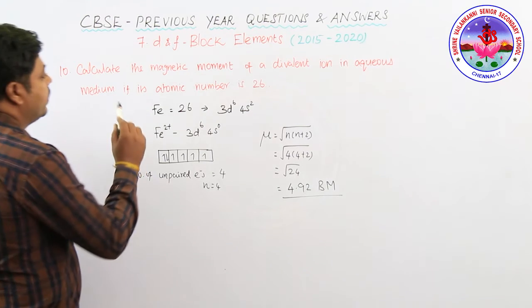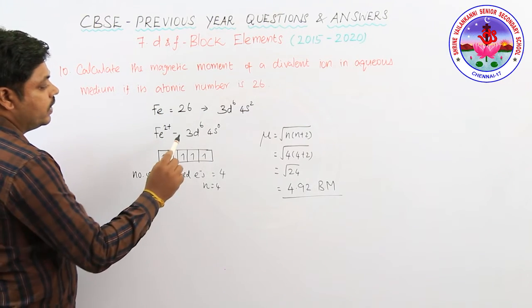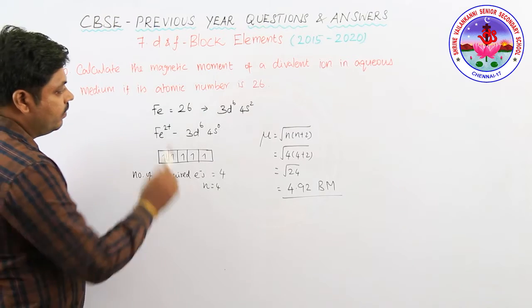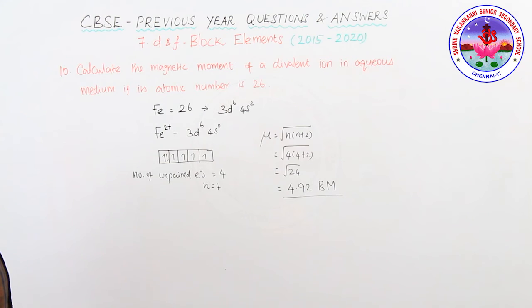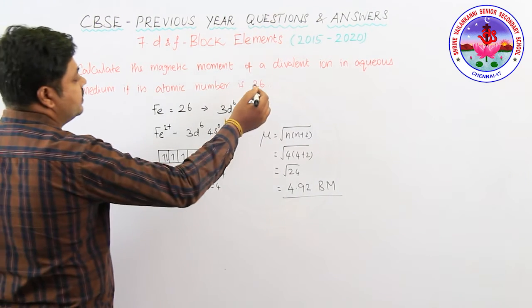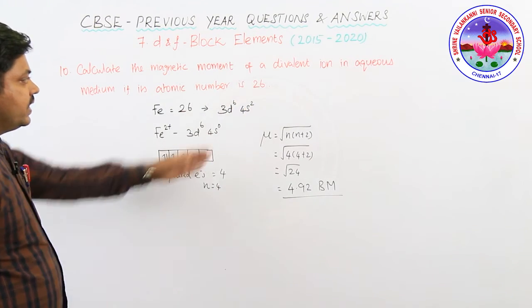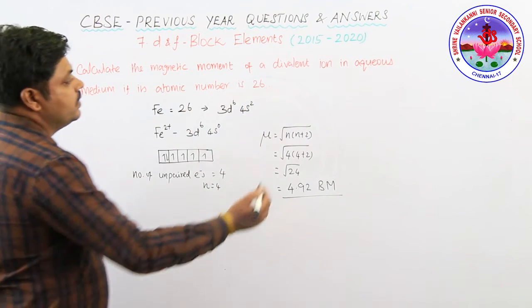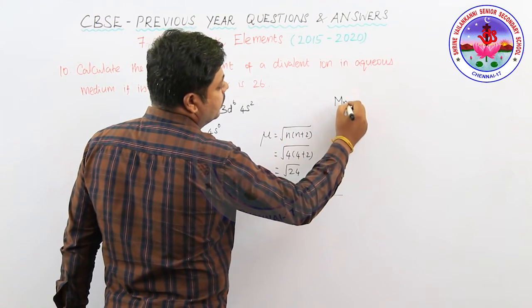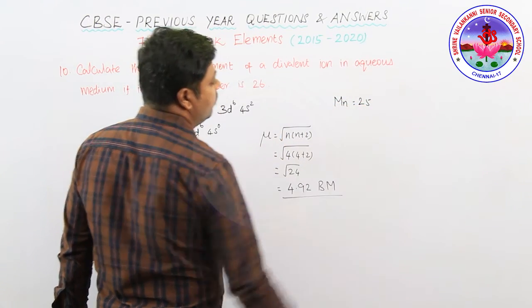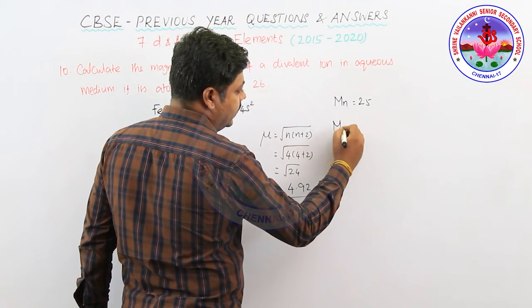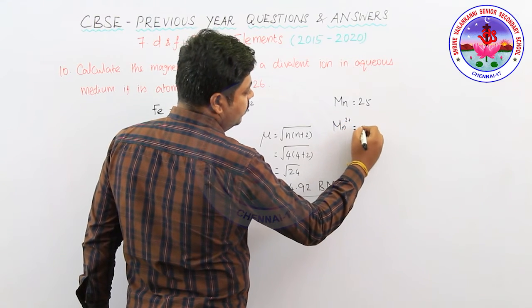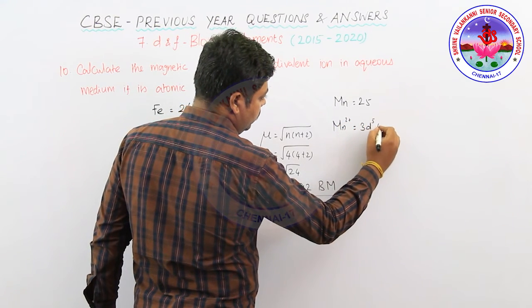First, in the calculation of the magnetic moment, you have to look at the unpaired electrons. Whatever the given atomic number, just look at the unpaired electrons. Suppose the atomic number is 25. The 25 means manganese. The divalent, the most stable oxidation state, is Mn2 plus, from 3d5 4s2.